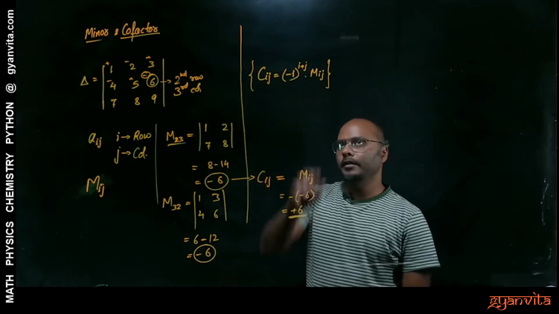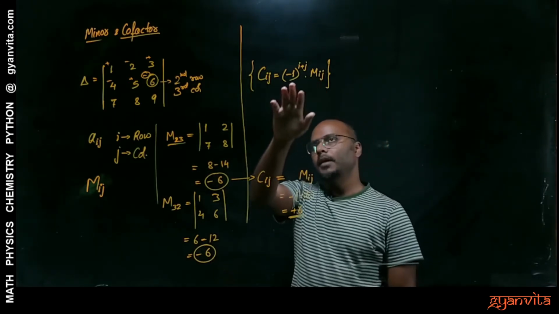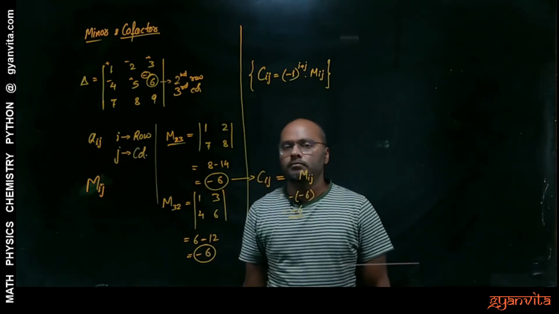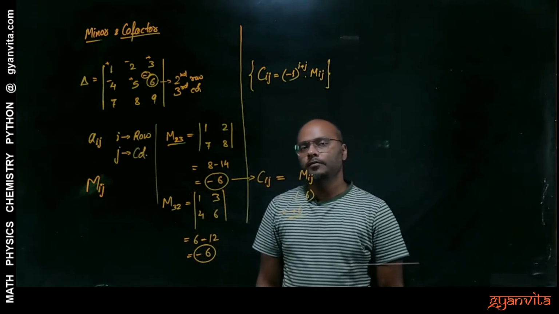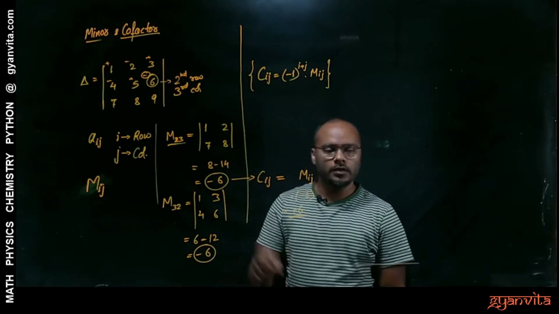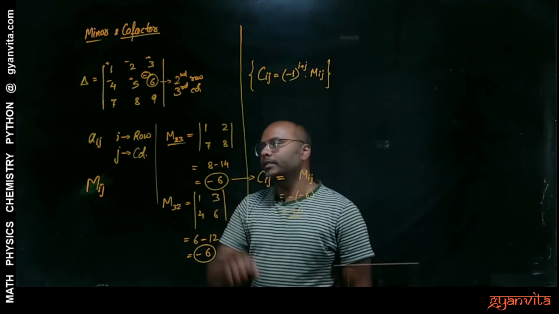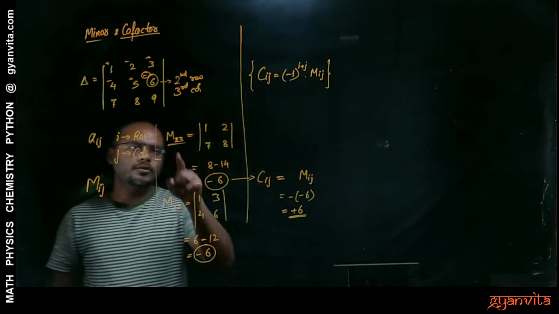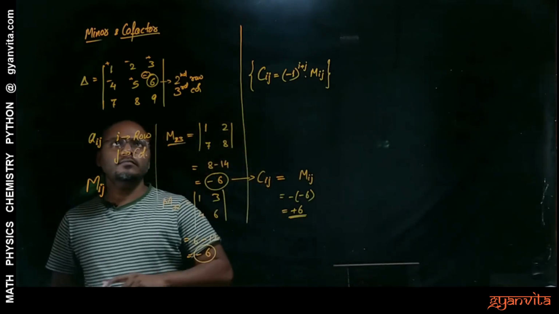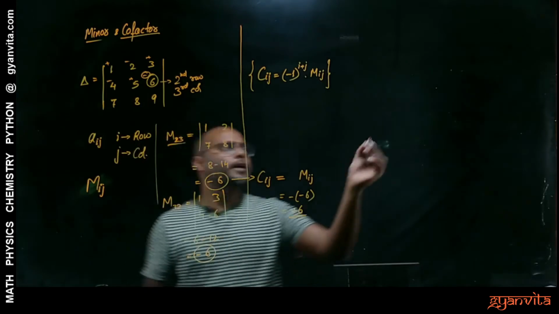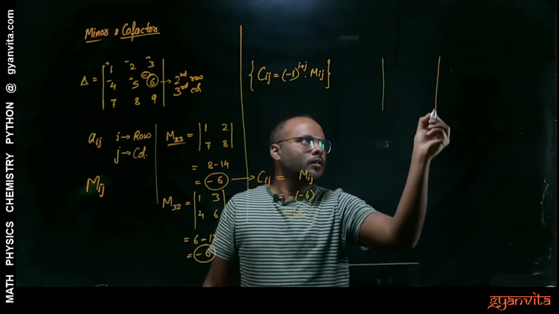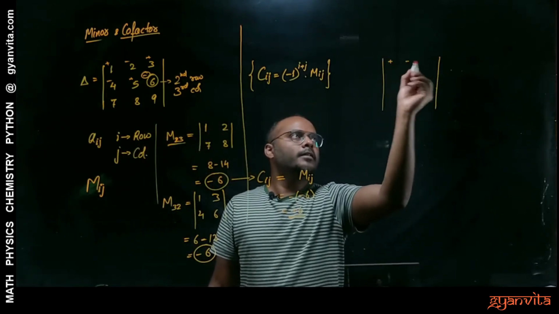Find the minor and then multiply by minus 1 to the power i plus j, where i is the row number and j is the column number. It's simple. You can also observe one more thing about these positions, say 2 and 3, in a 3 cross 3 matrix.